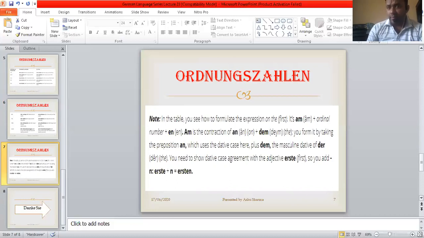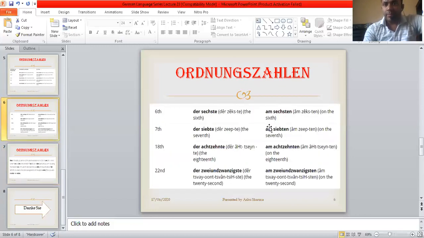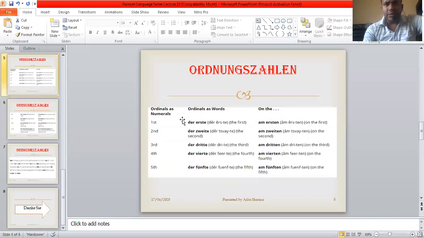You add dem, the masculine dative of der. You need to show dative case agreement with the adjective erste, so you add erste plus n: ersten. When you are using am, you are using this n over here. In each of these cases, you are using n as an ending.